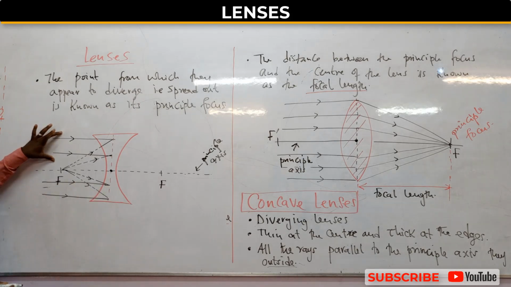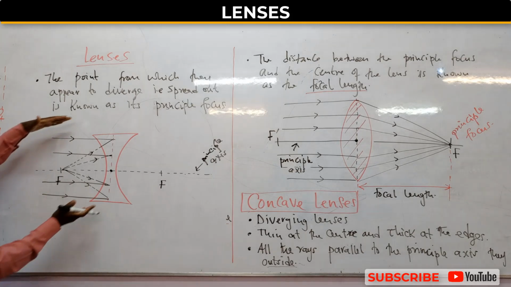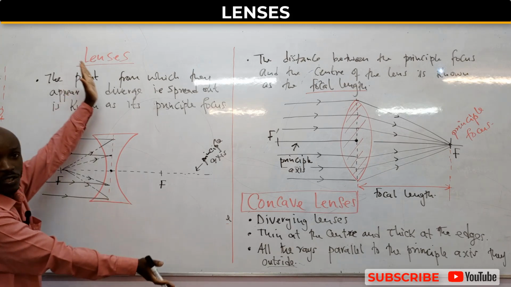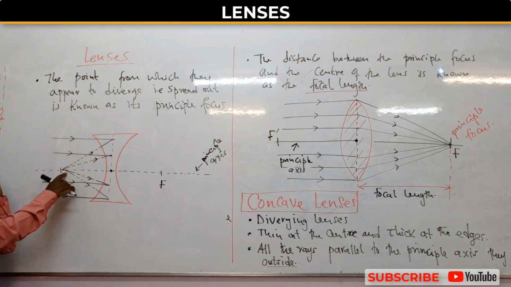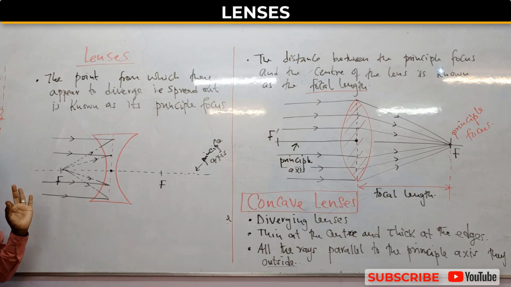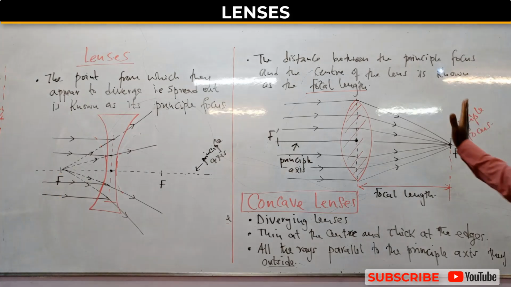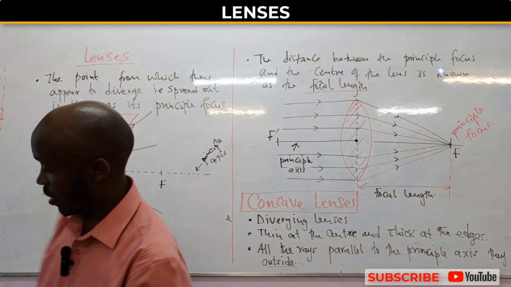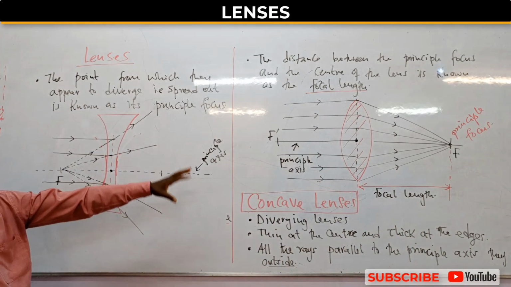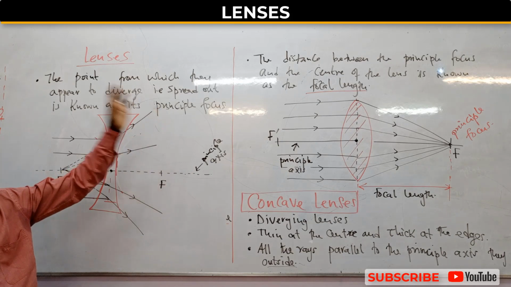So these are the rays which are just parallel to the principal axis. All of them will diverge outside and then appear as though they are coming from a point which we are calling the principal focus. Those are the two lenses: this is the concave, the other one was the convex.